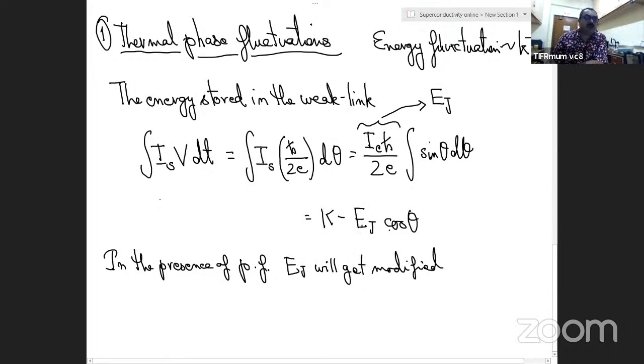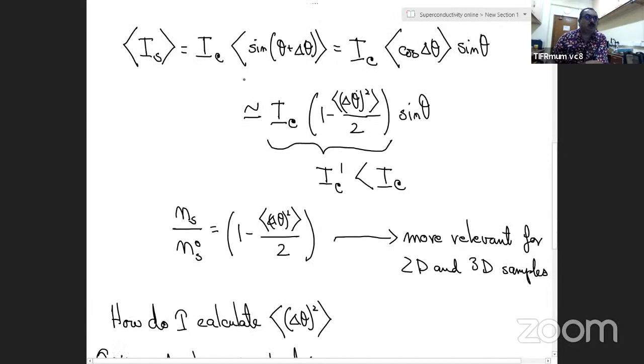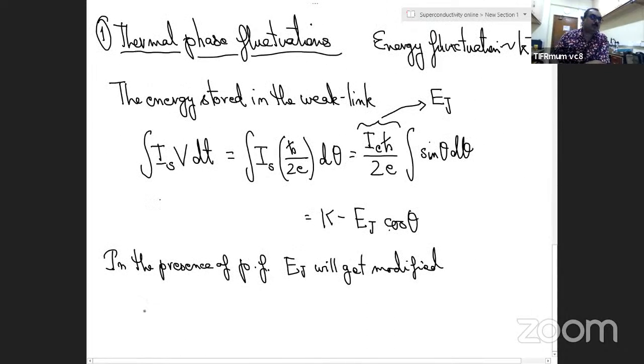You can see Ej is directly related to Ic. Ic has gotten modified to Ic prime, which is Ic into 1 minus ⟨δθ²⟩/2. So therefore, Ej will get modified to Ej prime, and that will be Ej into 1 minus this.